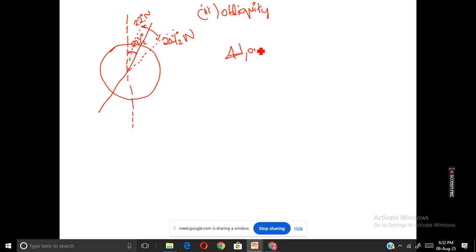The axial tilt of the Earth changes from 22 degrees to 24.5 degrees. Currently, the tilt value is 23.5 degrees. So how much it is leaning towards the Sun changes. When it is leaning more, more solar radiation will be received, and when it is leaning less, the amount of solar radiation will reduce. So the third one is obliquity.